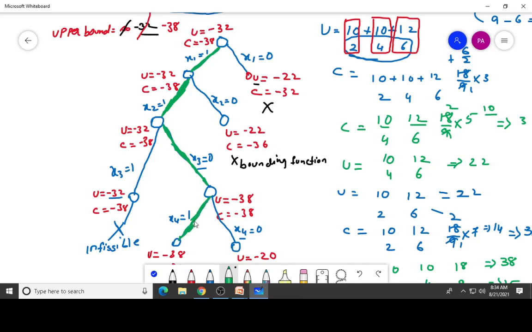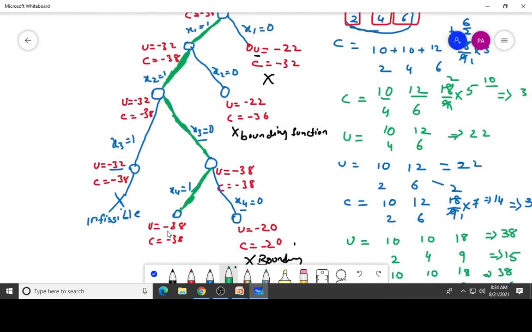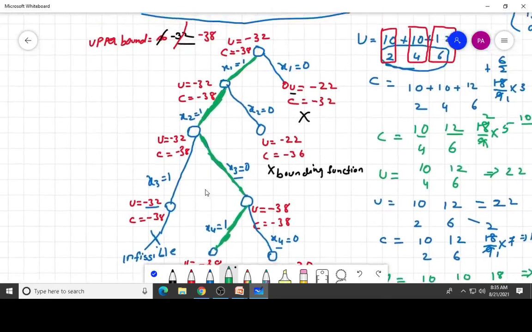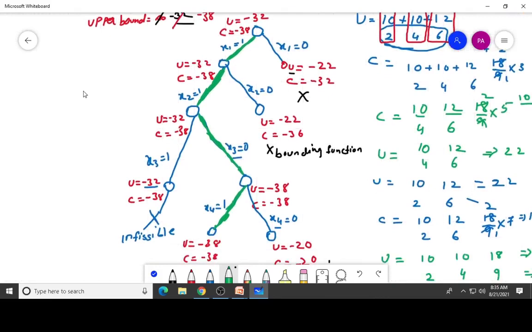When I do this, the answer I am getting is minus 38. This is a minimization problem.